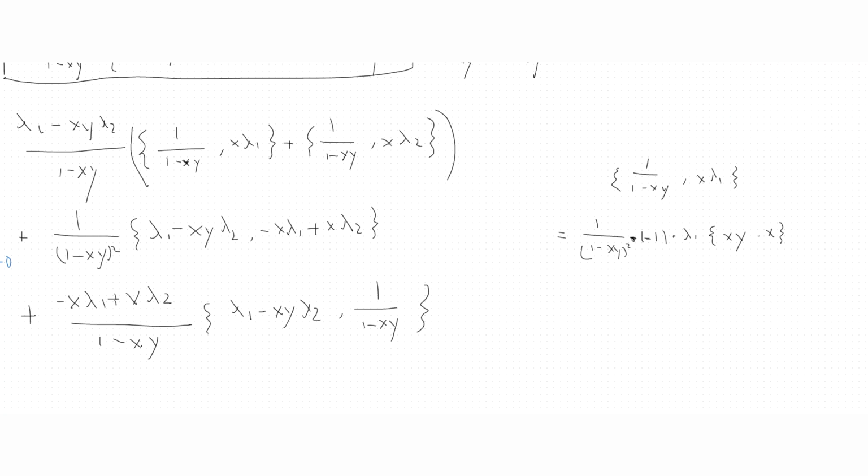Should be plus, and xy with x. How to simplify this? We use the Leibniz rule. Minus x y squared. Perfect.